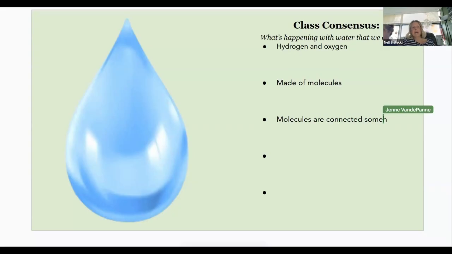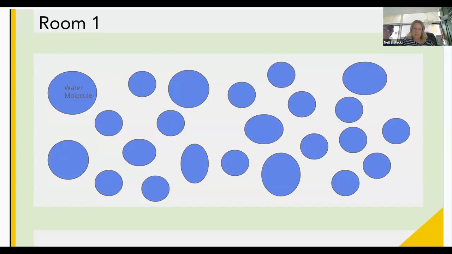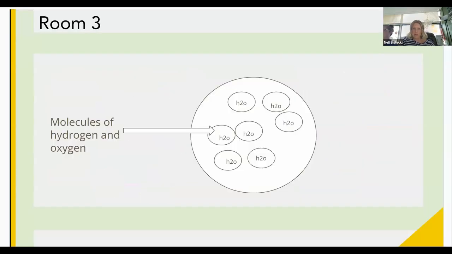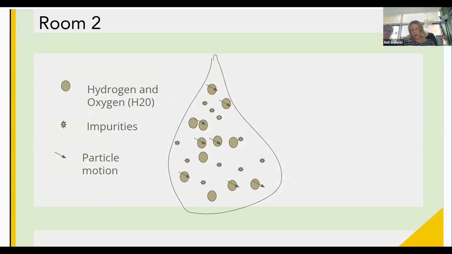And is there anything else that a team represented or something else that we might be able to identify, kind of hard because we can't see, but based on the boards? And Chris, can you go back to the boards just so we can see it one more time? Is there anything else that we might want to represent that right now, initially, we think might be going on with the water molecules?